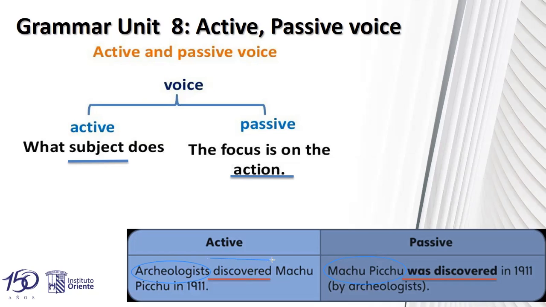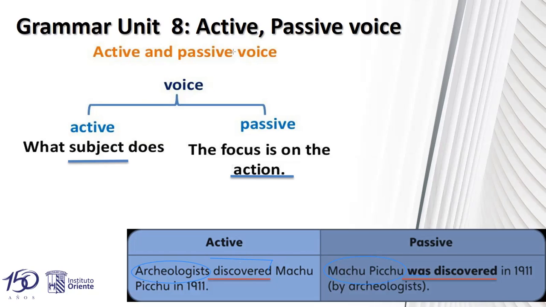Observe this one. Discover is simple past. When you have the verb in simple past, you have to use was or were. Was in singular, were in plural. Machu Picchu is singular because it's just one Machu Picchu. Was discovered.